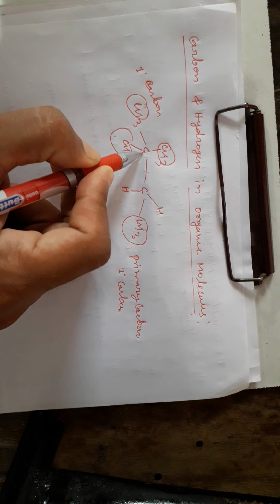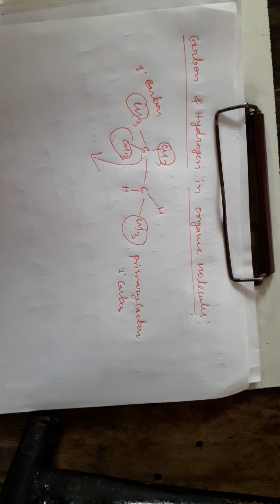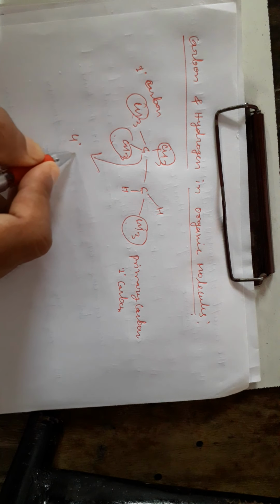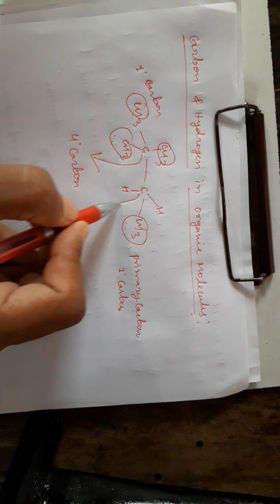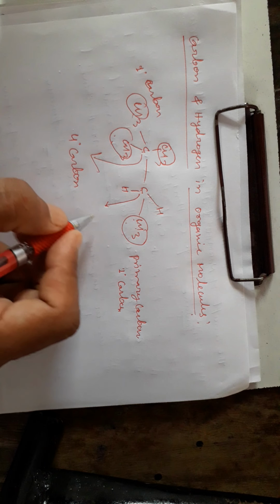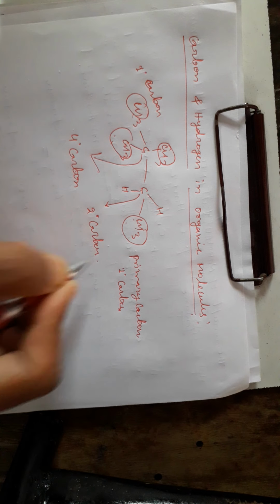This carbon atom is attached with four other carbon atoms, so it is called quaternary carbon, and it is symbolized as 4 degree carbon. This molecule also has a carbon which is attached with two other carbon atoms, so it is called 2 degree carbon, that is secondary carbon.